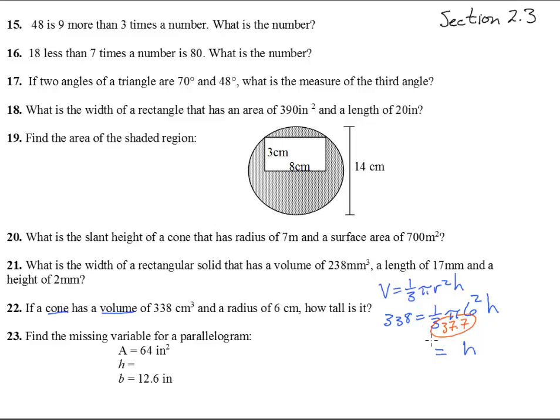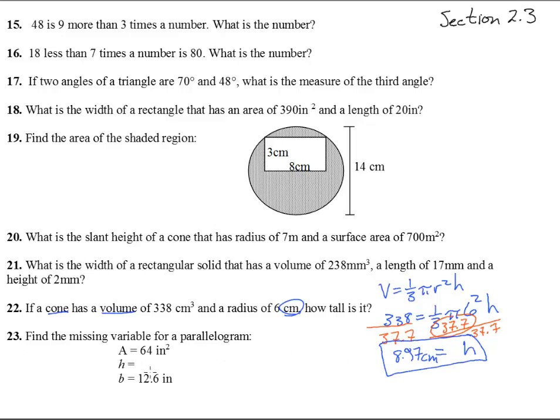So we can divide both sides by 37.7. So we take 338, divide by 37.7, and we end up with 8.965. So 8.97, and we are in centimeters.